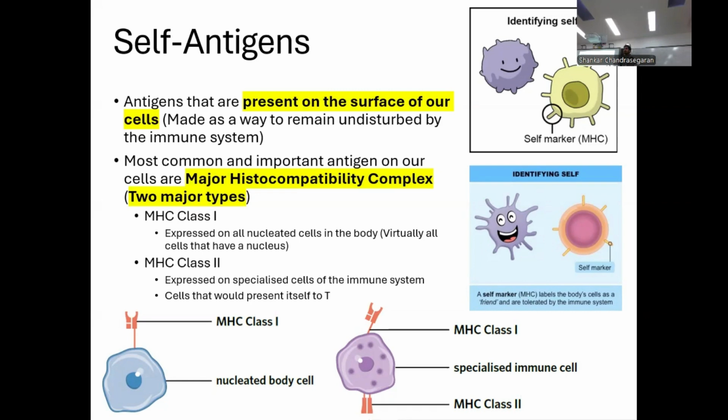Think of it like someone bringing evidence of a crime to the police, right? These specialized immune cells bring the antigen of the pathogen to specific cells in your immune system and present it to them. So these are cells that end up presenting these antigens to T lymphocytes and cells like that.